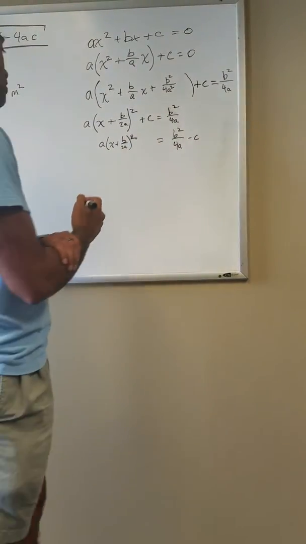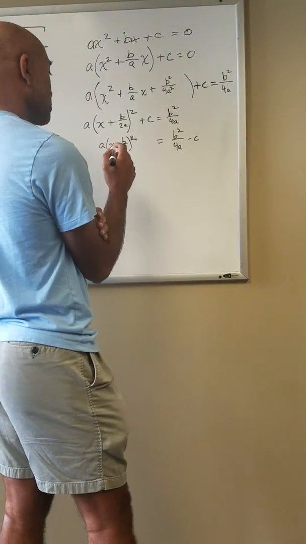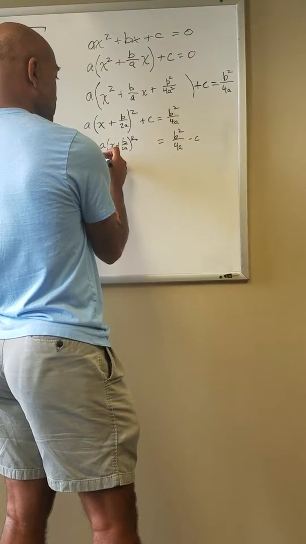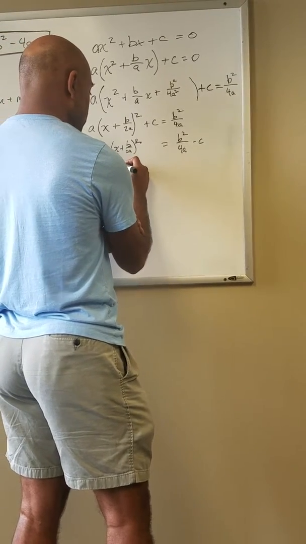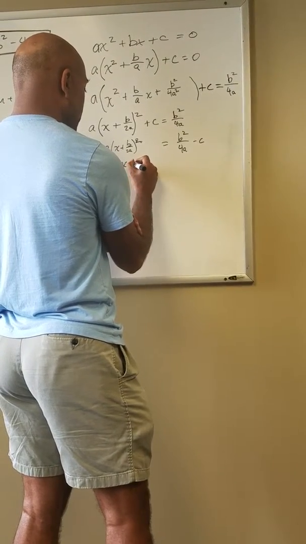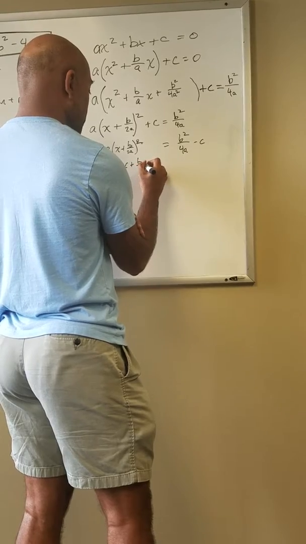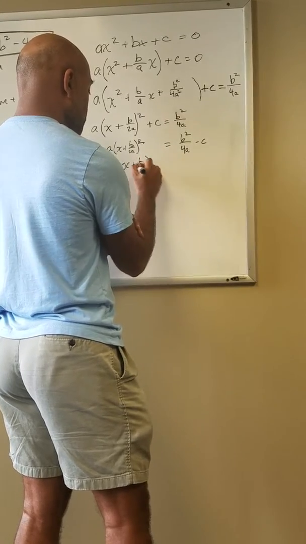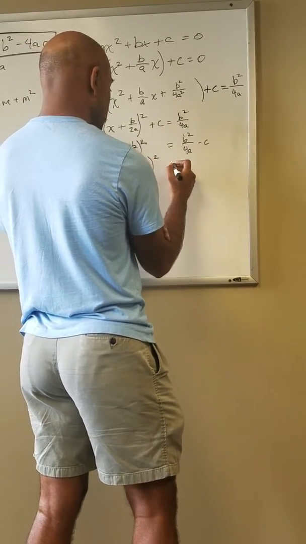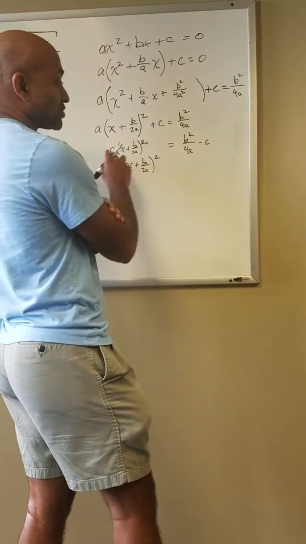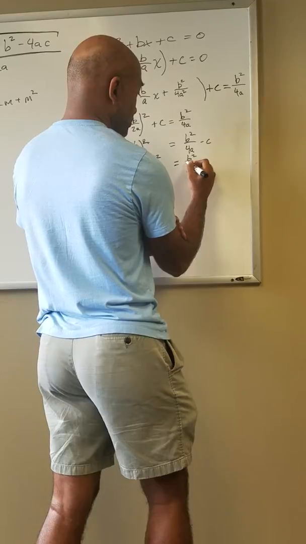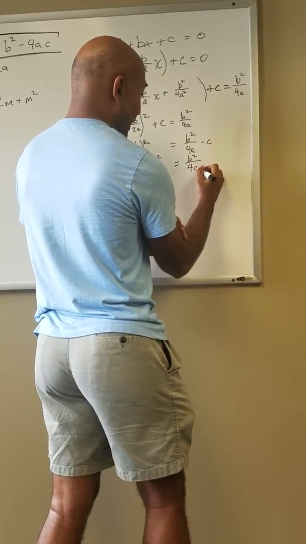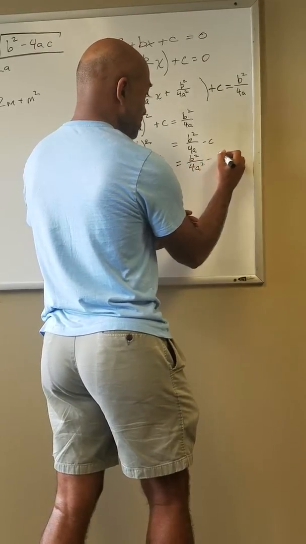And now we're going to divide by a on both sides, okay? So now we're going to have x plus b over 2a squared, equals b squared over 4a squared minus c over a, okay?